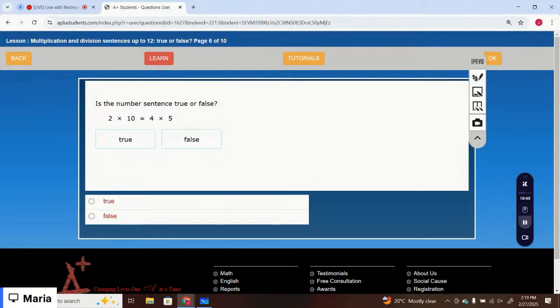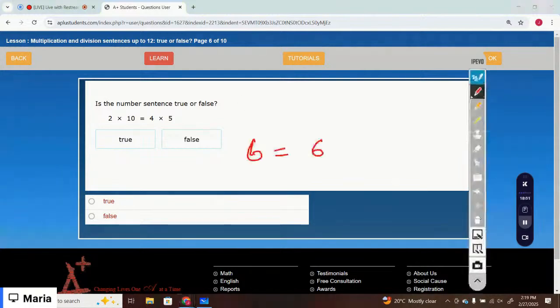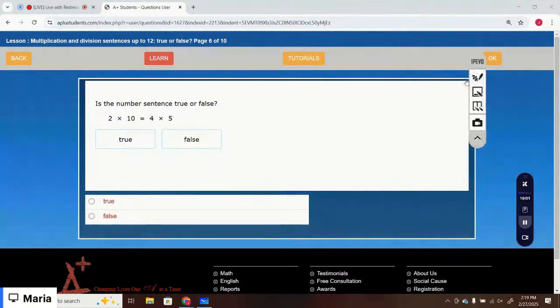Is the number sentence true or false? 2 times 10 is 20 and 5 times 4 is 20. True it is. Option number 1 is the correct option.